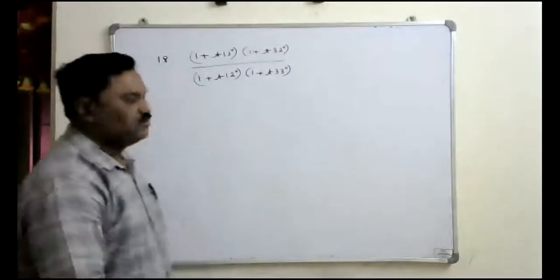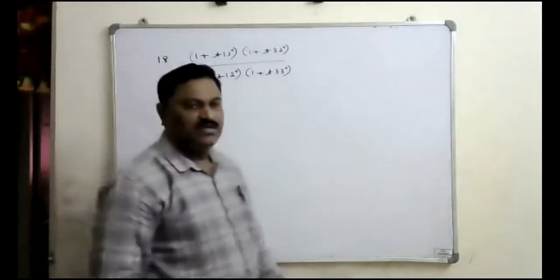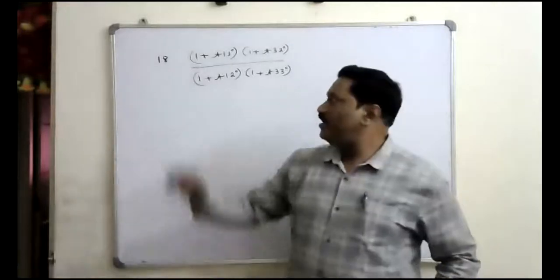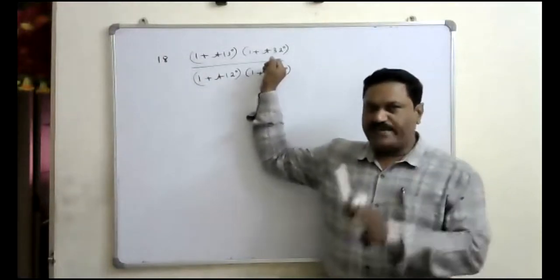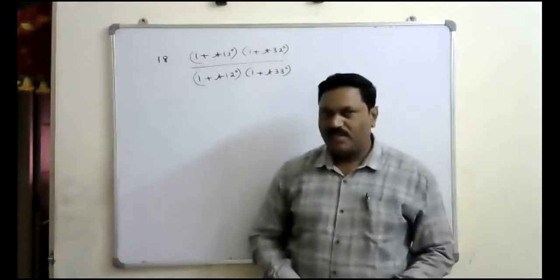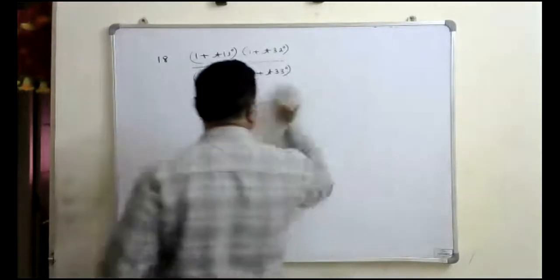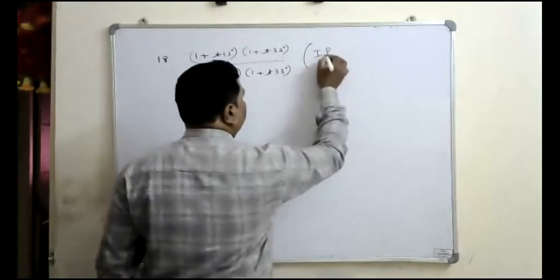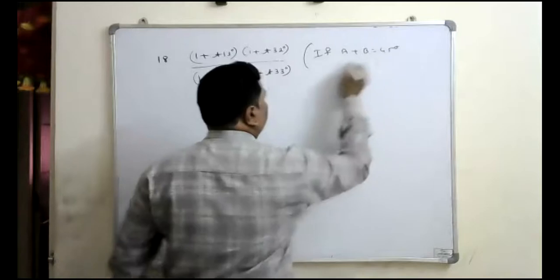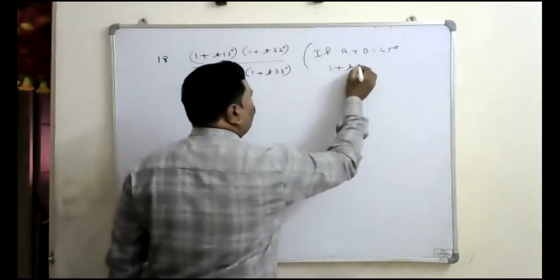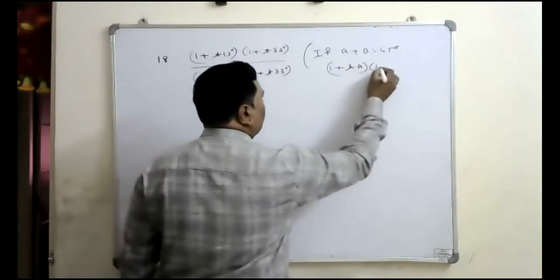Here also if you observe that the angles in the numerator are 13 and 32 degree. We know that 13 plus 32 is 45 degree. We know the result that if a plus b is equal to 45 degree, then 1 plus tan a into 1 plus tan b, this result I was given.